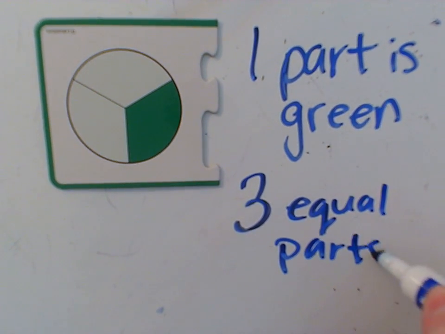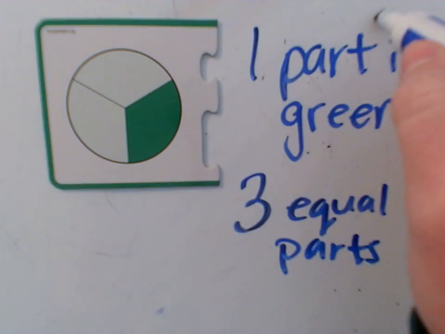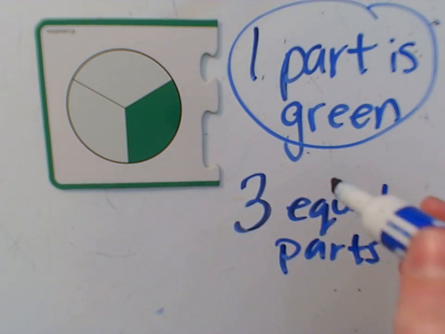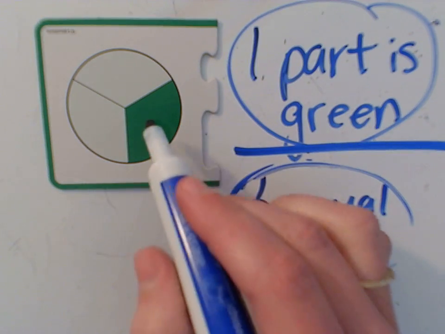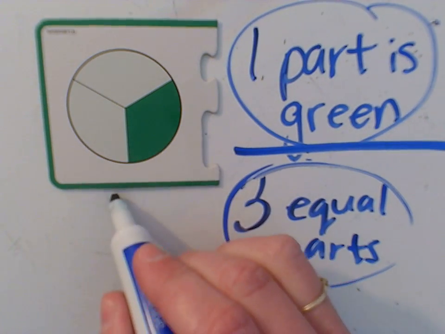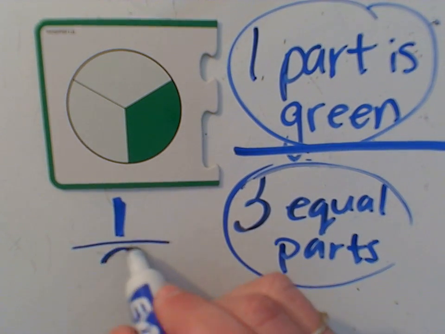So in order to find the fraction, we're going to put the number of green parts over the number of equal parts. So we're saying that one part is shaded out of 3.